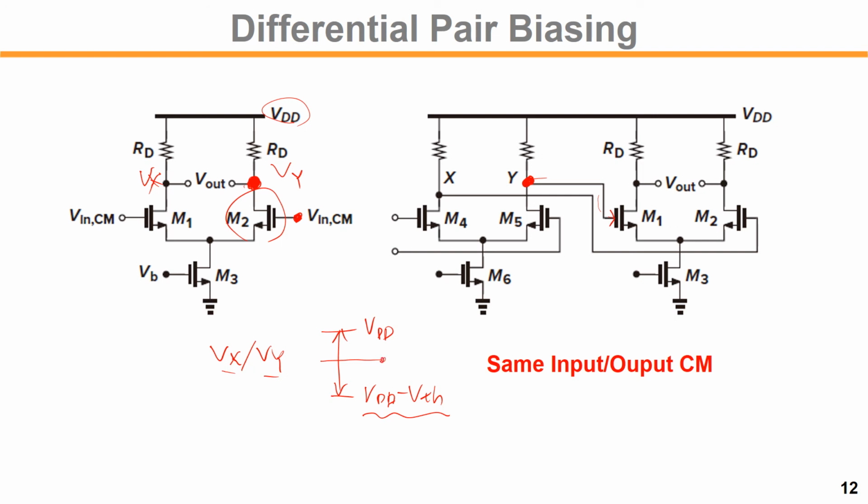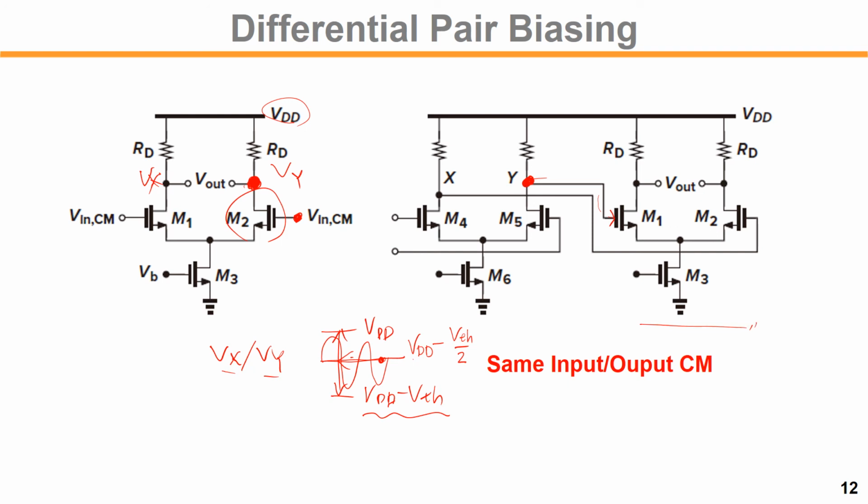So your output common mode biasing point would be somewhere around VDD minus VTH over 2, right? So that the signal can move up and down around that range. In some cases, this kind of differential pair is used in a clock buffer.